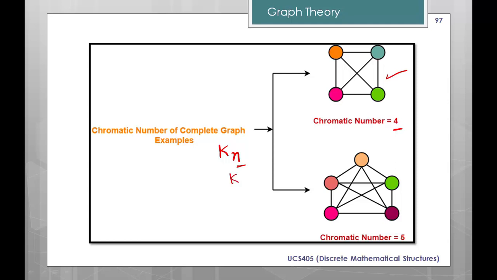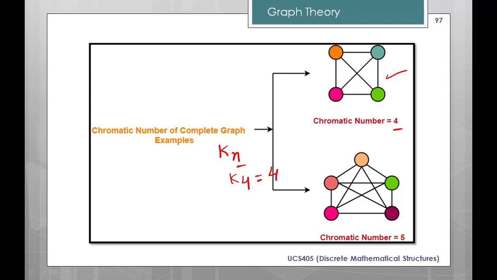So we write K4. Now, how many colors are required to color this graph? Only 4 colors are needed. Why? Because every node is adjacent to every other node.